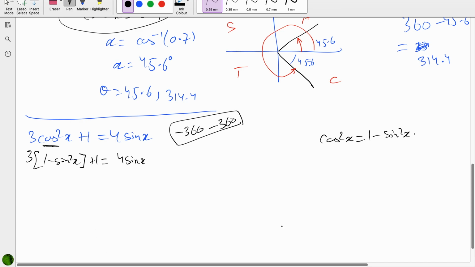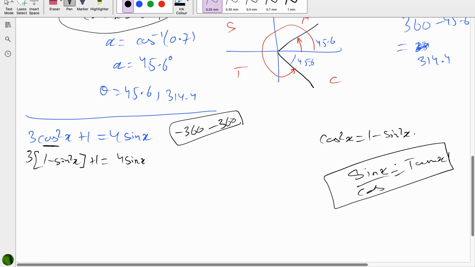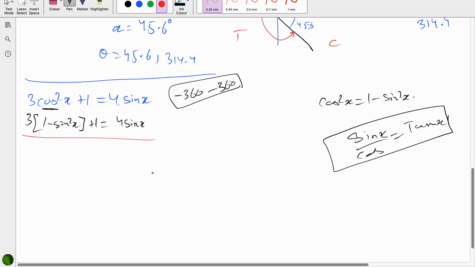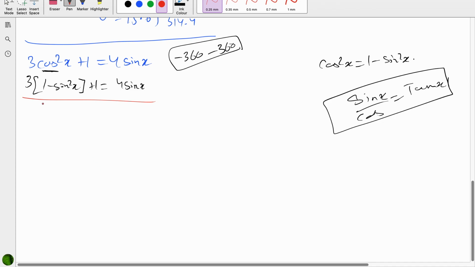So yes, we can convert sine x, but the conversion is this. So what would happen if you change sine? You'll see tan and cos. Still we're stuck. So if we choose to convert cos square, now all the equation is in the form of sine, a single trigonometric ratio. Getting it?